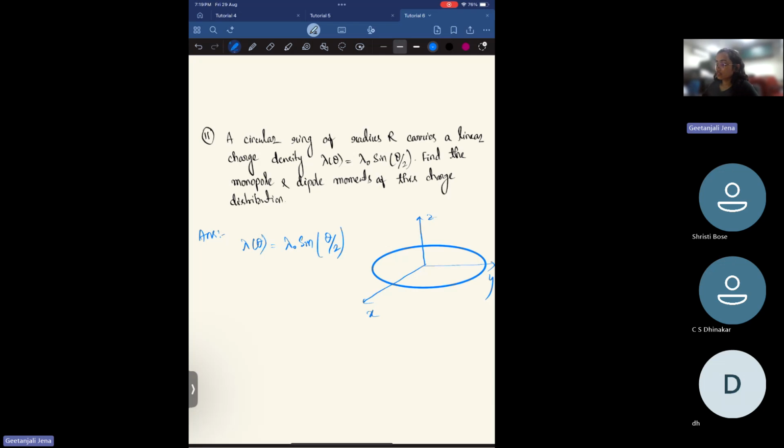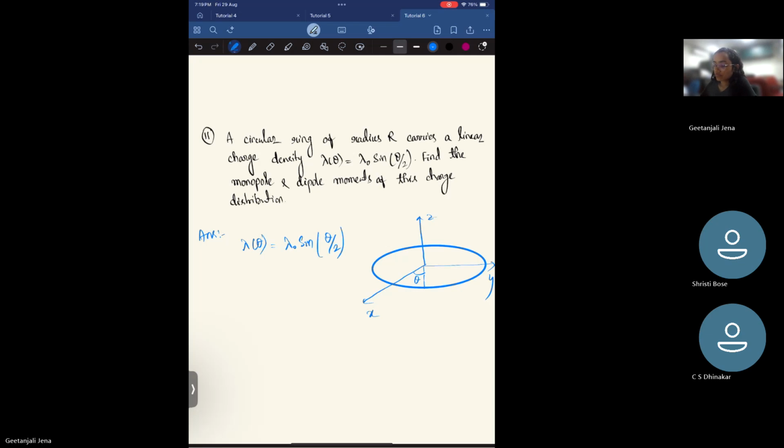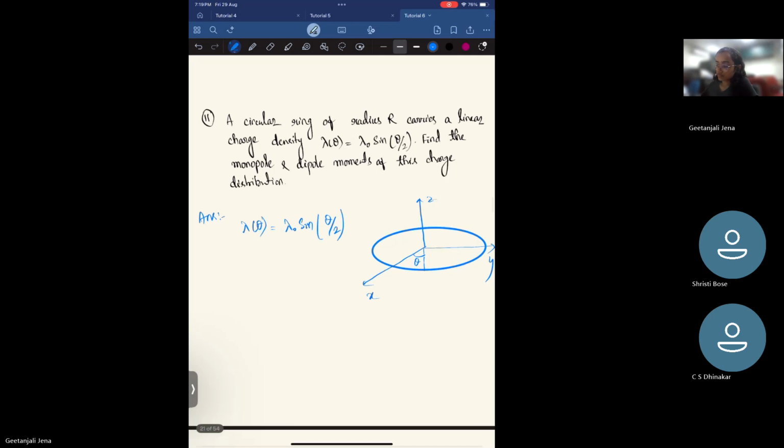So this is the angle theta, right? So theta will be from 0 to 2 pi. For this case, you need to find out what will be the monopole moment and what will be the dipole moment for this charge distribution.